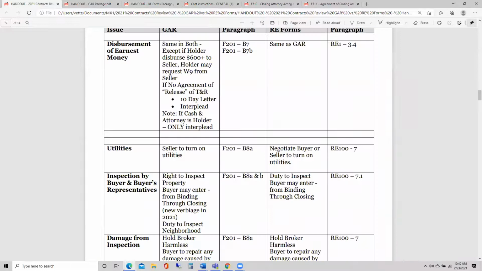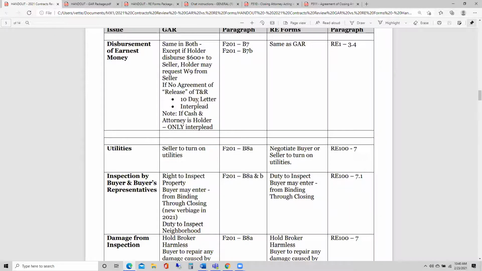Now, the other thing is, again, in both GAR and RE, if the contract terminates and the parties do not agree in writing on the release portion of a termination and release, then the holder has a couple of options. This is in both of them.